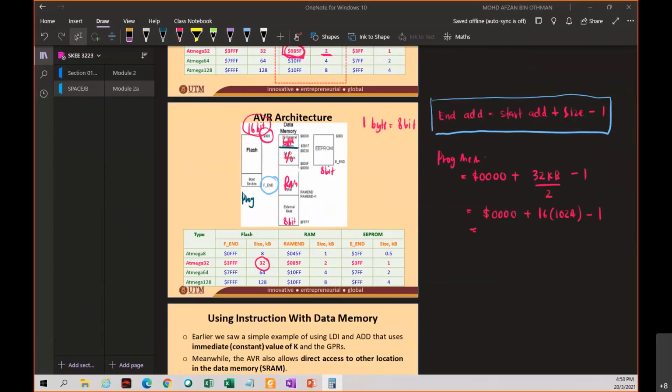Okay. 16384. Ini dah tolak dengan 1 ke belum lagi? Belum lagi. Belum kan? Okey, belum. So sama dengan 16383, and then kamu tukarkan dia kepada hexadecimal, kamu akan dapat berapa?